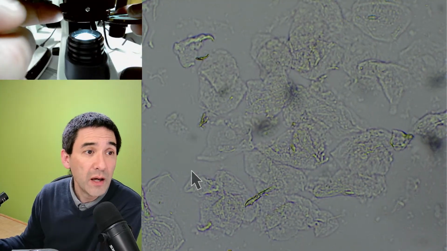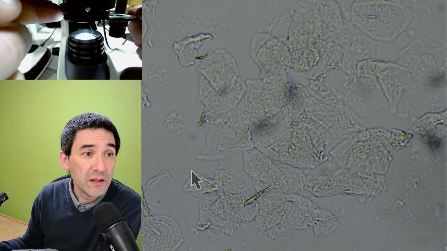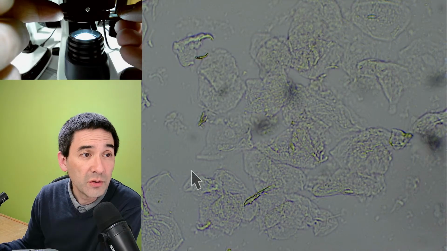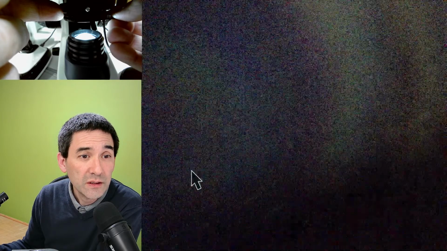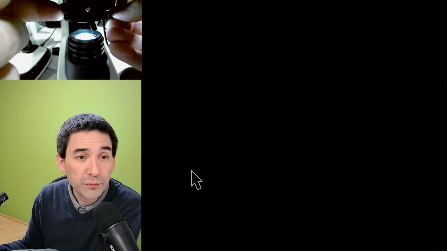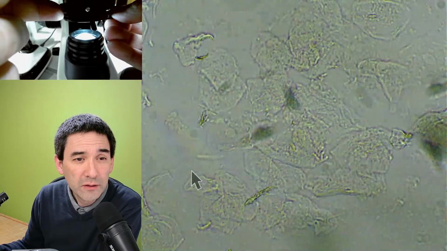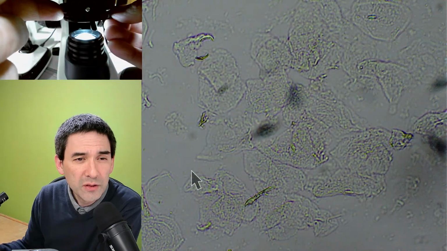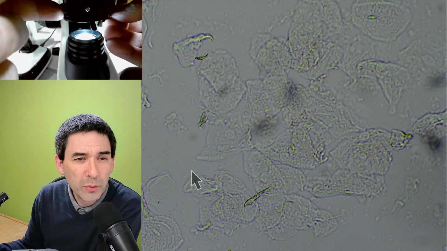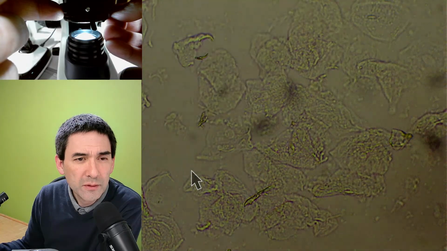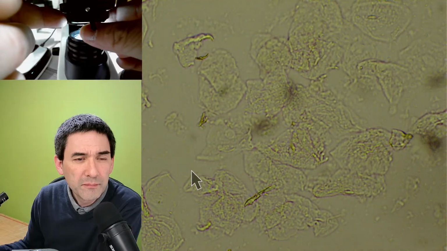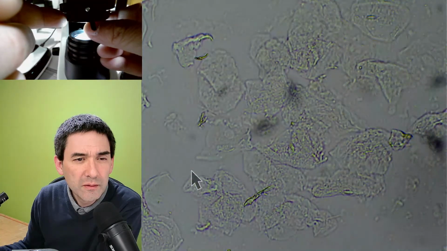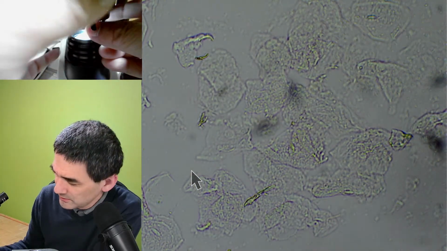So I'm going to now swing in the, how do you call it, the filter, and here that's now the frame of the filter. And when we continue doing this, hopefully we're able to see. Let's see.